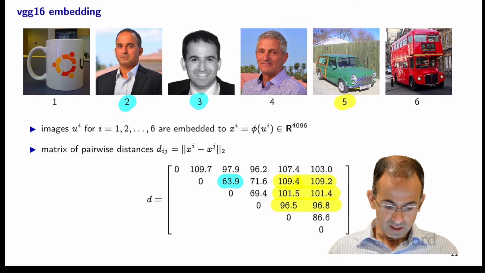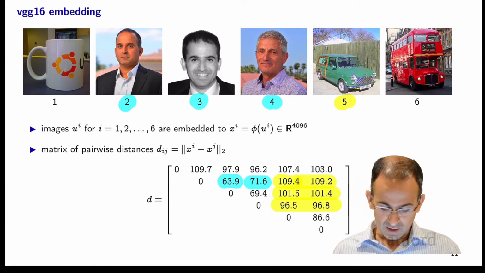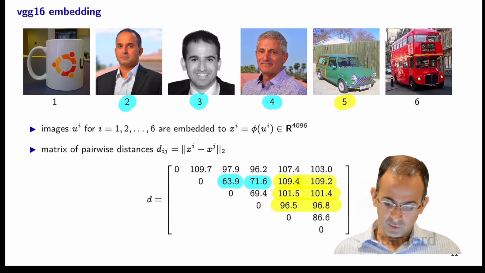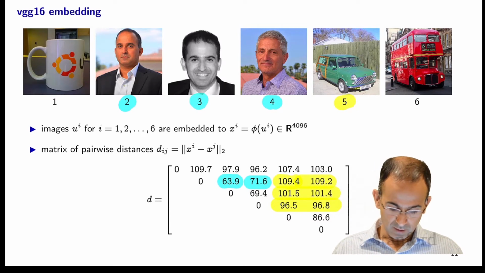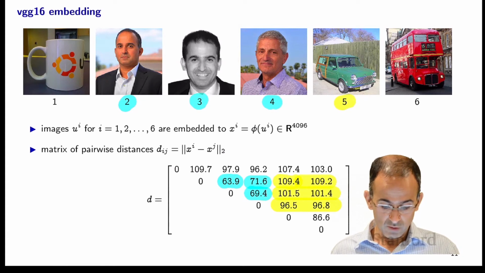However, the distance between image 2 and image 4, we're both people, those are both headshots. We can see that those numbers are quite a lot smaller than the corresponding distances between humans and vehicles. If we compare image 3 and 4, that's the other image of me and Stephen, they're also quite close.